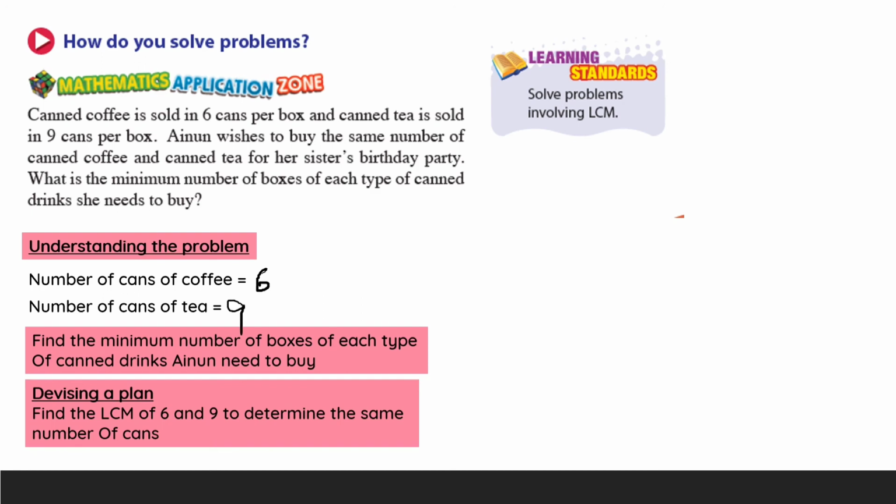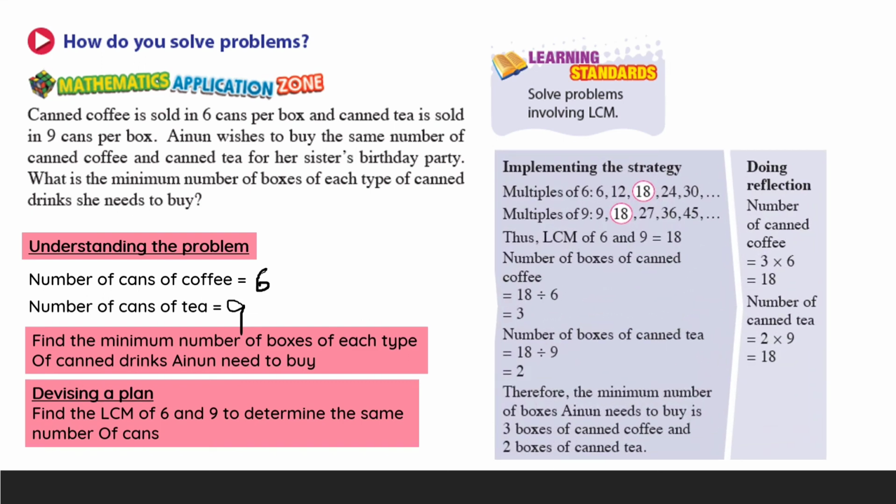After we understand the problem, find the minimum number of boxes of each type of canned drinks I need to buy. Second step, we need to devise a plan. Find the LCM of 6 and 9 to determine the same number of cans.